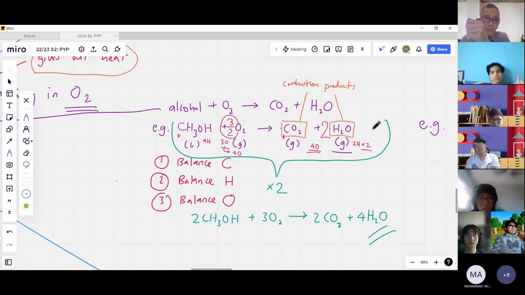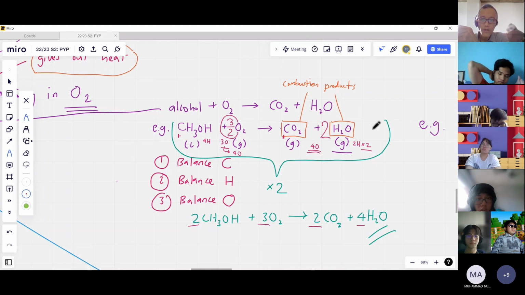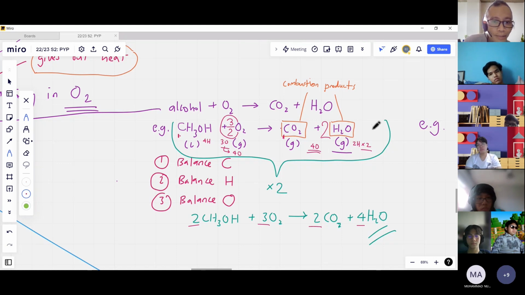But let's say you don't like it, you can always multiply everything by 2. 1 times 2, you get 2 here. 3 over 2 times 2, you get 3. 1 times 2, you get 2. 2 times 2, you get 4. Now you have no more fractions, all the coefficients are whole numbers. If you write in this manner, it's acceptable, but if you put a fraction there, it's acceptable too. Questions, anyone?